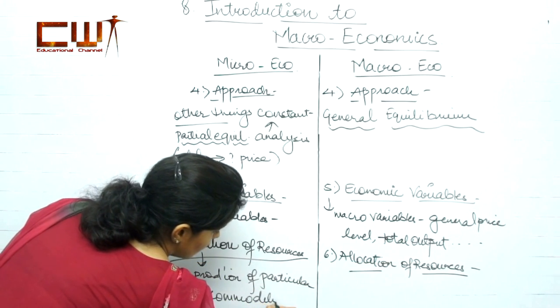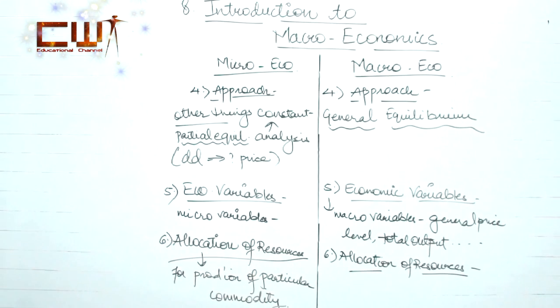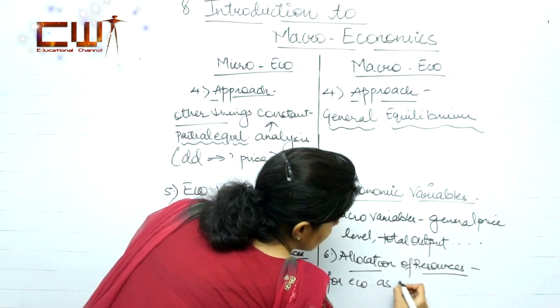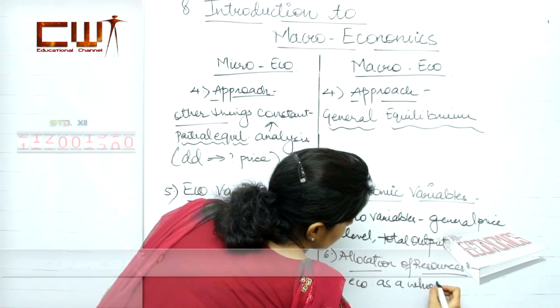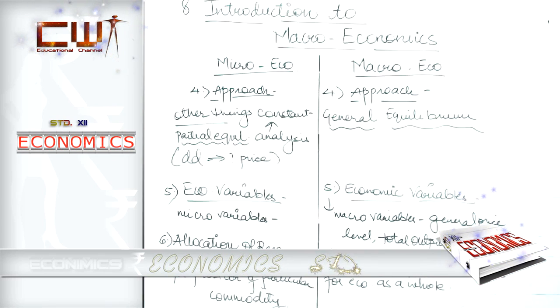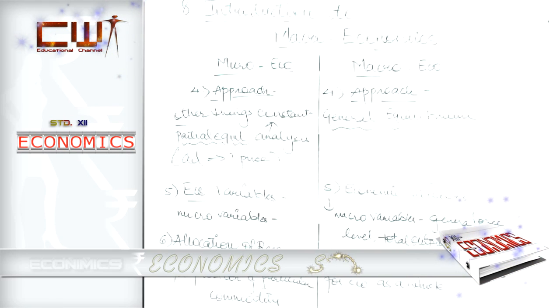When you study macroeconomics, you are allocating the resources for the economy as a whole. So this is how you allocate the resources in macroeconomics. This is the differentiation we have studied between microeconomics and macroeconomics.